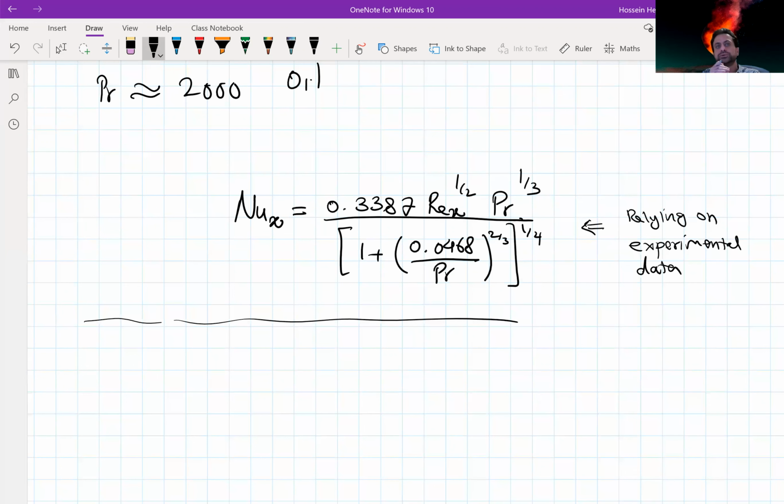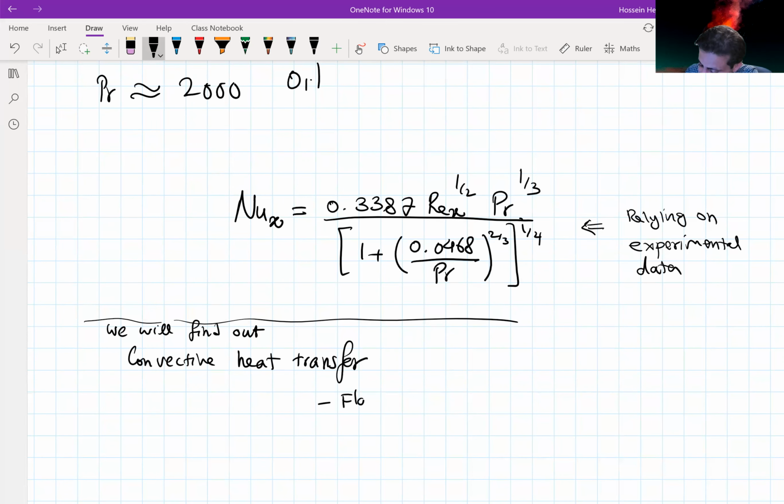What we will do next is take the same approach, using experimental data and empirical correlations, to find the convective heat transfer. We looked at flat plates.